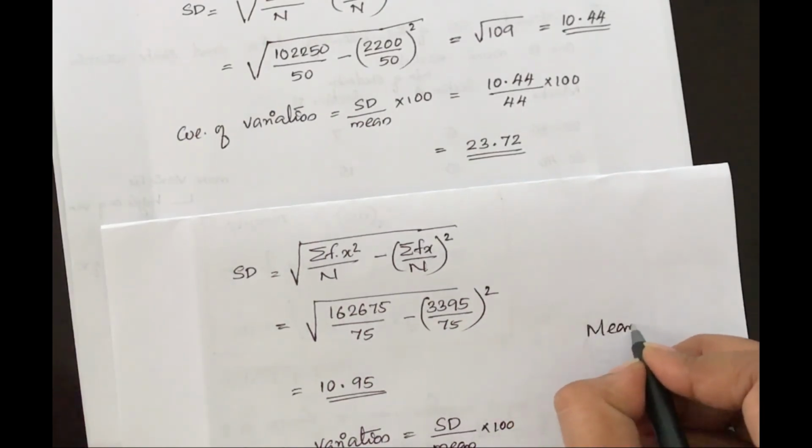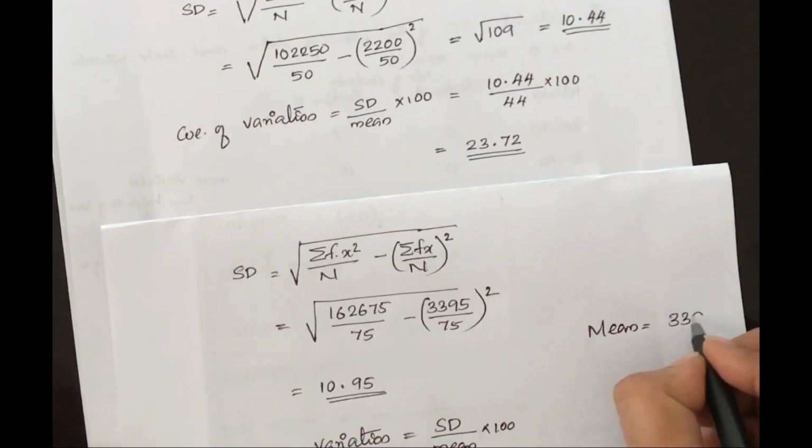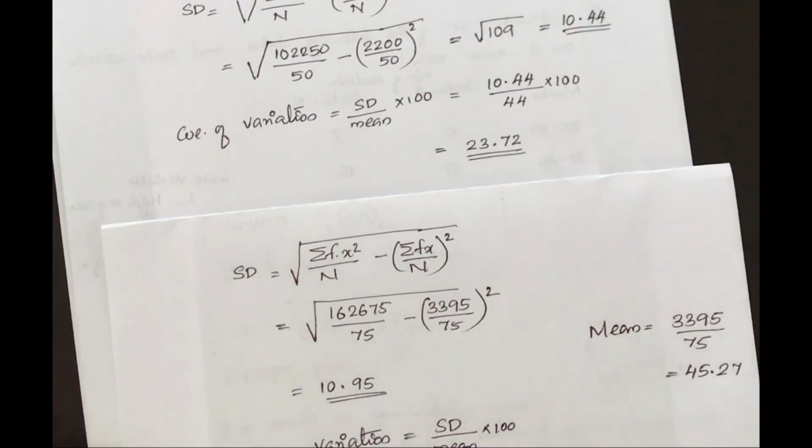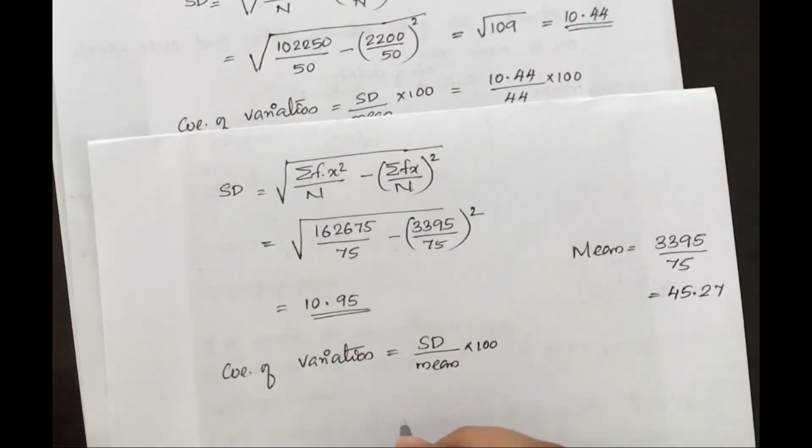Then coefficient of variation is equal to standard deviation divided by mean into 100. Here mean is equal to 3395 divided by 75, that is 45.27. Substitute here 10.95 divided by 45.27 into 100.